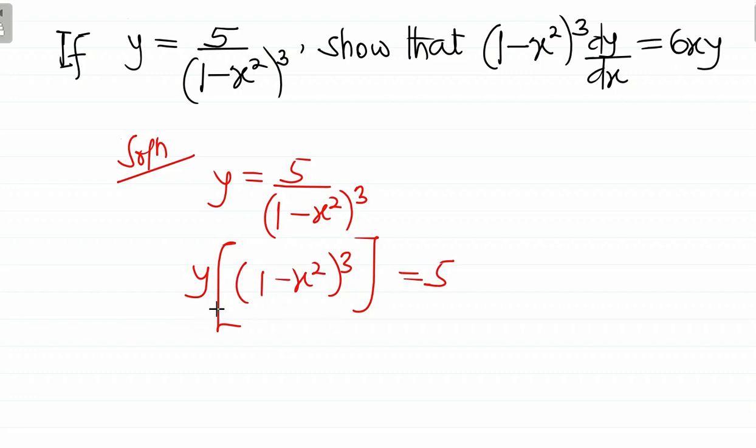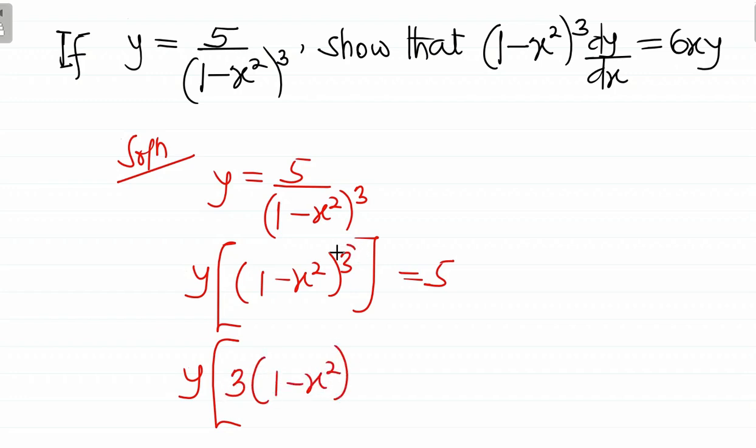So here, in finding the product for this, we maintain y, and we differentiate the function in the bracket. Because it's a function of another function, the 3 here will multiply (1 minus x squared). So that gives us 3 multiplied by (1 minus x squared).